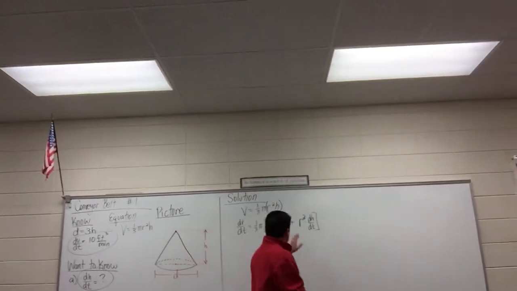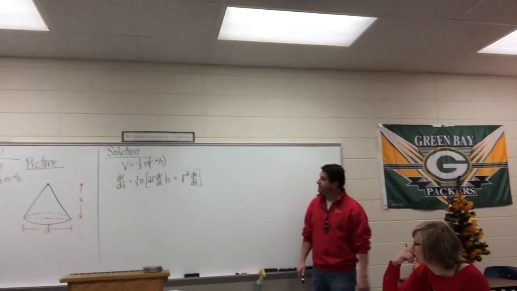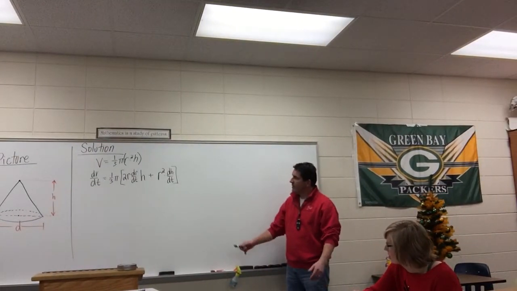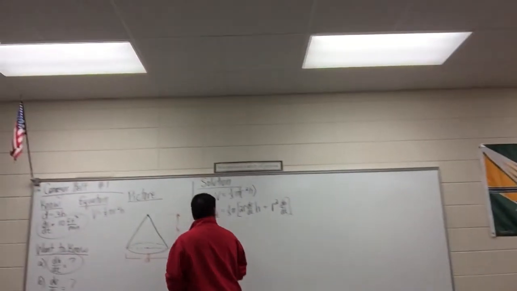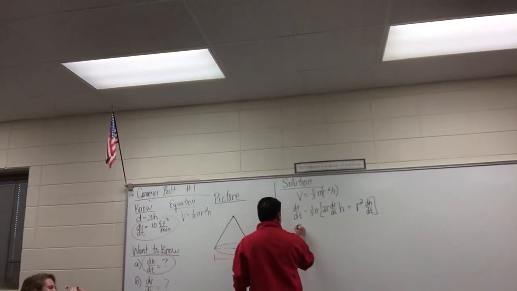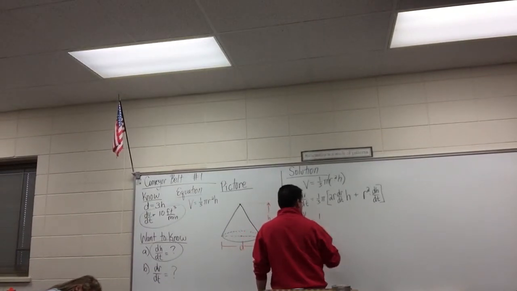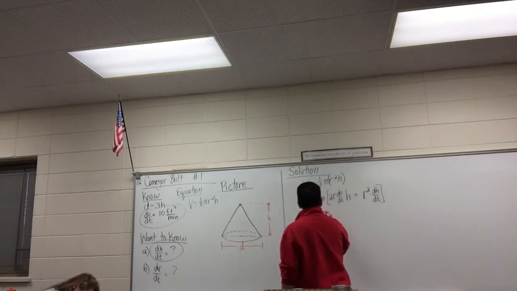So I could solve this for dh/dt first if I wanted to. In fact, that might not be a bad idea. Let's do that. We're going to solve this for dh/dt. So dV/dt is equal to 2/3 pi r. Now watch this.